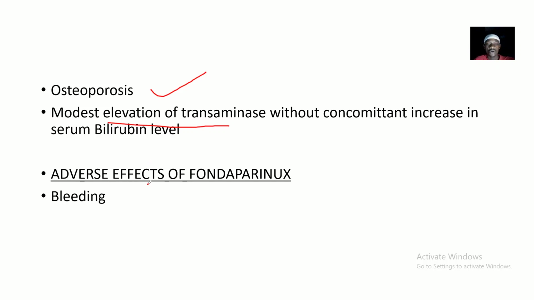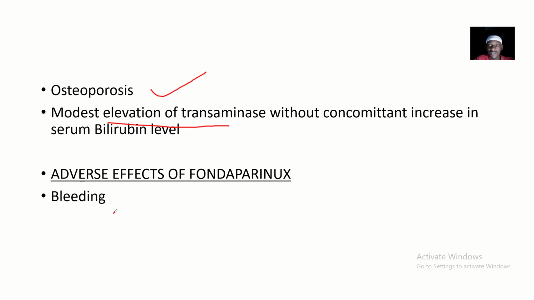Then the next indirect acting thrombin inhibitor is fondaparinux, and its main adverse effect is bleeding. Fondaparinux is an antithrombin, so it is an anticoagulant. It prevents blood coagulation.